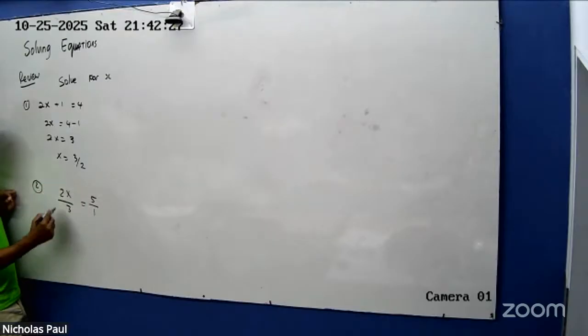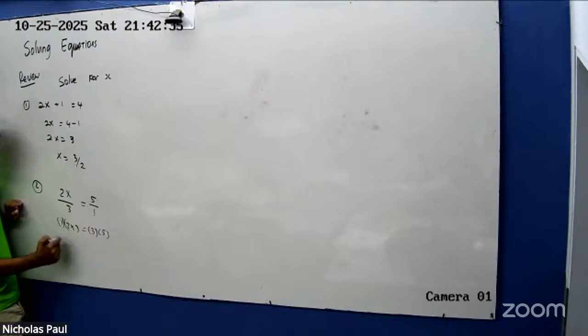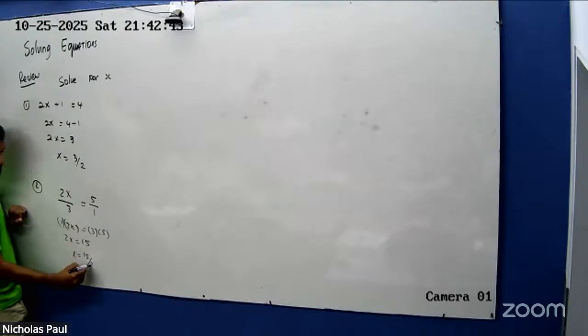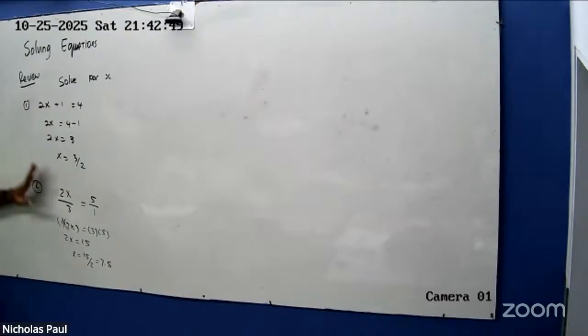We multiply 2x by 1, 3 by 5, so we end up with 2x is equal to 15. This is multiplied 2. When it moves across, it becomes a divide. So that'll be 7.5.